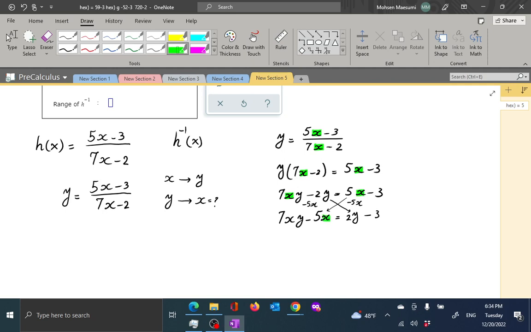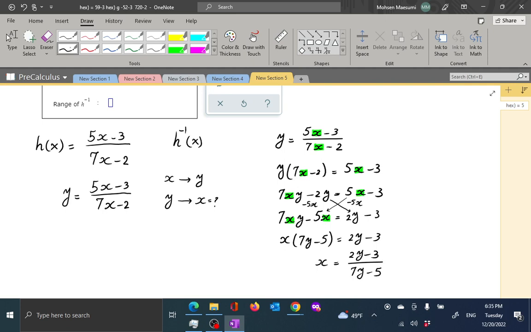We're still trying to catch x, so what's the idea now? I factor out the x, and I get 7y minus 5 on the left. The right side is 2y minus 3. I divide the right hand side by the coefficient on the left hand side. I get x is equal to 2y minus 3 over 7y minus 5.